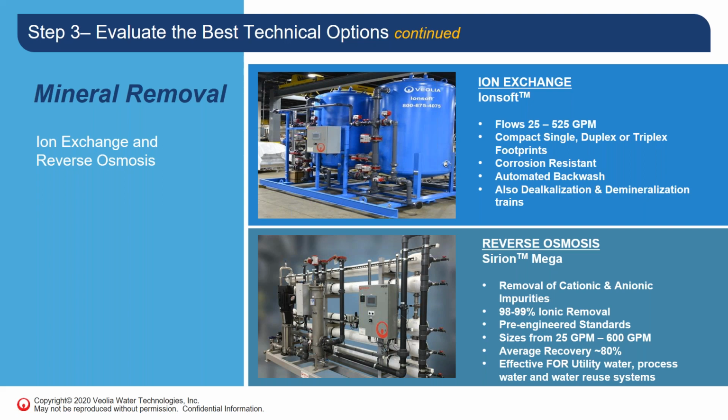These units can also be provided as dealkalizers or demineralizers if those are your needs for more of an ultra pure approach. On the bottom of the slide, we look at reverse osmosis technologies. And now you're getting to a point where you're starting to remove 98 to 99% of the total ions present in a water. In essence, we're not producing impure water anymore.